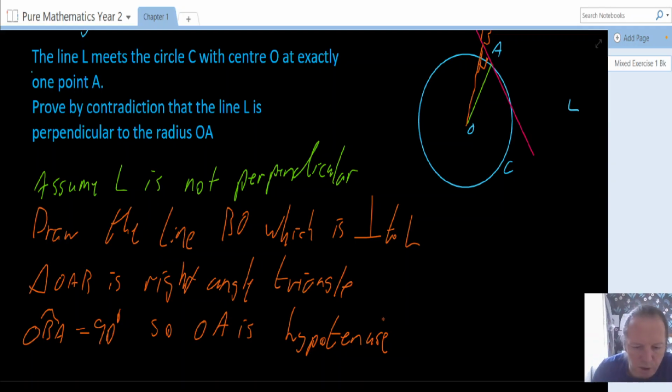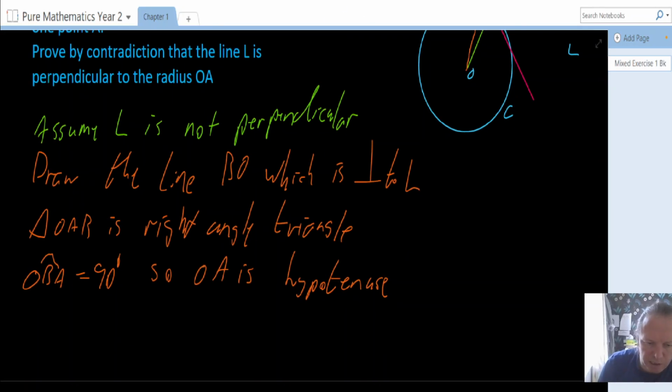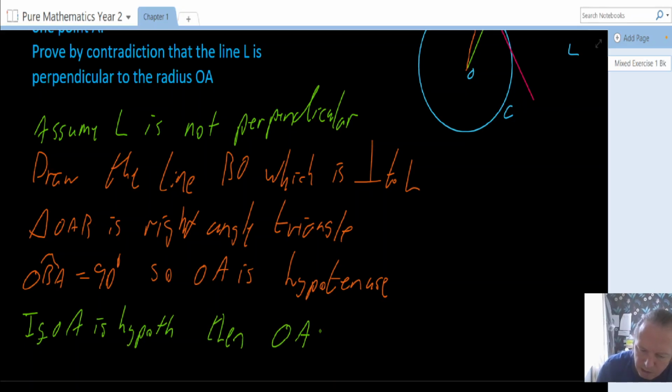Right then, if OA is the hypotenuse, then OA is greater than OB.